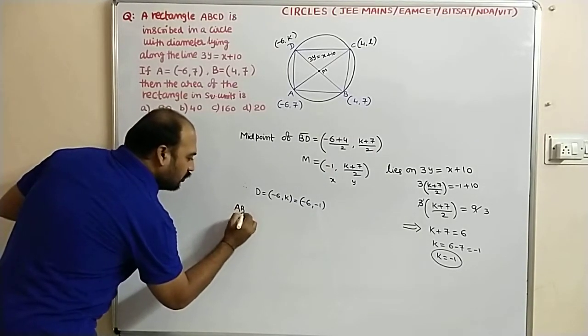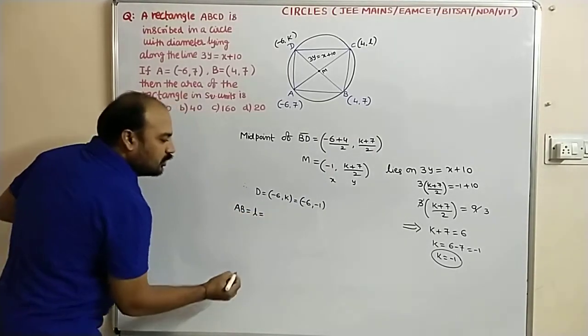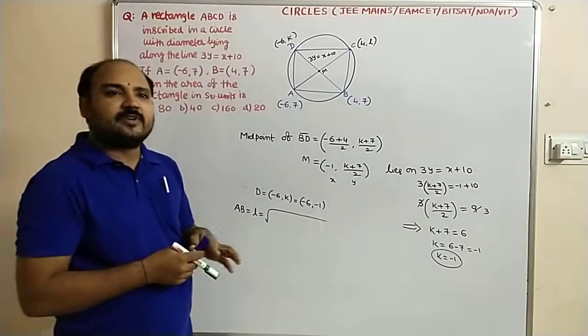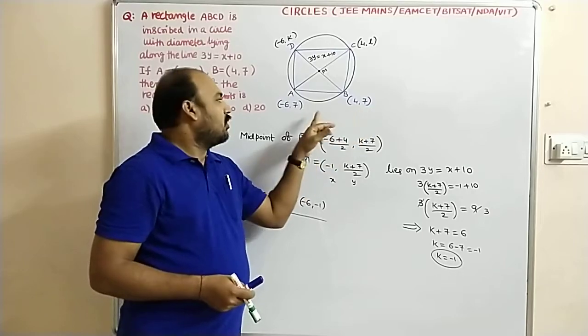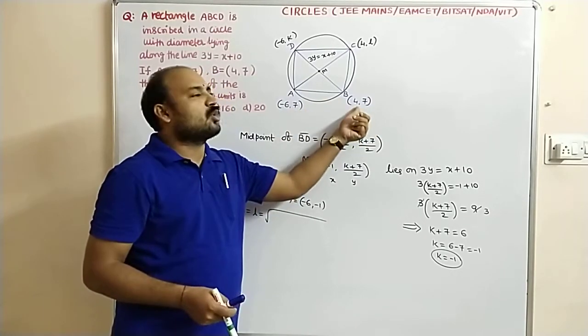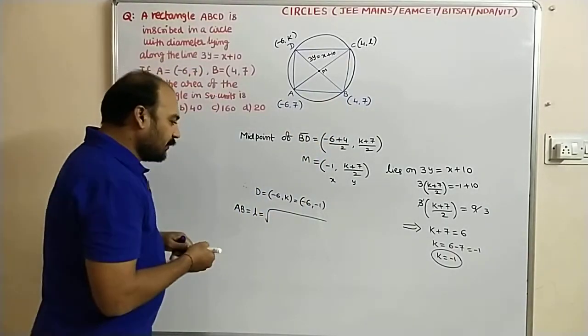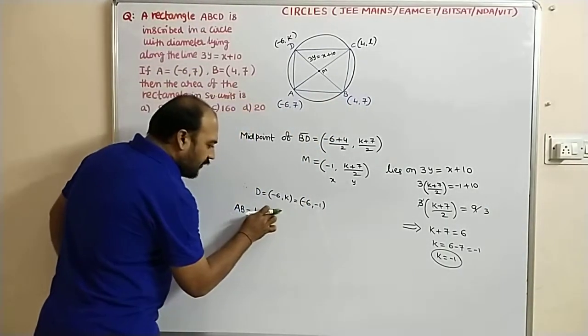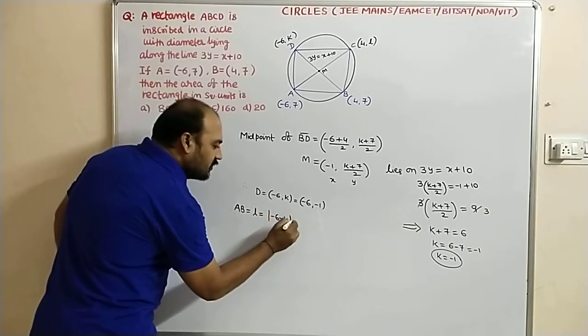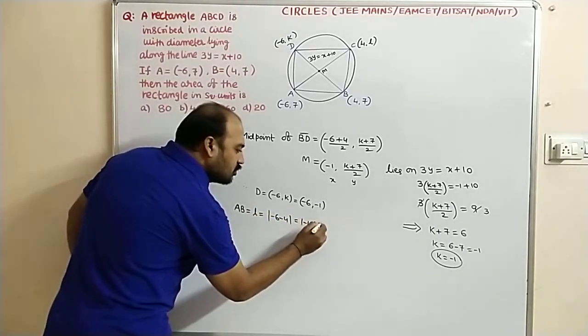AB is equal to length L, which is equal to the square root of... Whenever you are calculating the distance between two points whose y coordinates are equal, the difference of x coordinates is the answer. So |-6 - 4| = |-10| = 10.